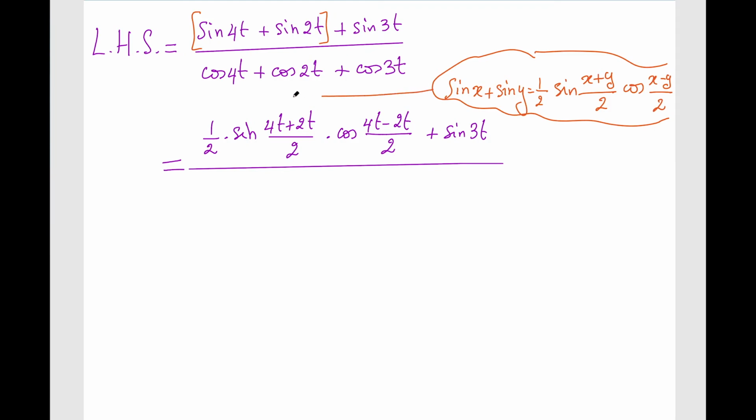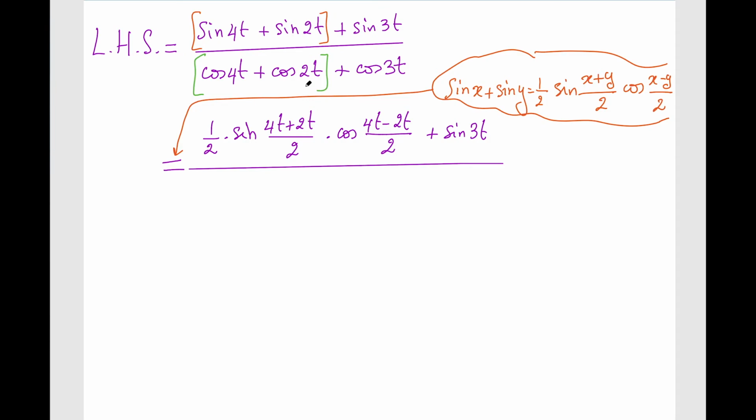As I told you, I'm going to do the same for the denominator. Let's go to that formula, which has to do with cosine of something plus cosine of something else. I want to transition to a product.